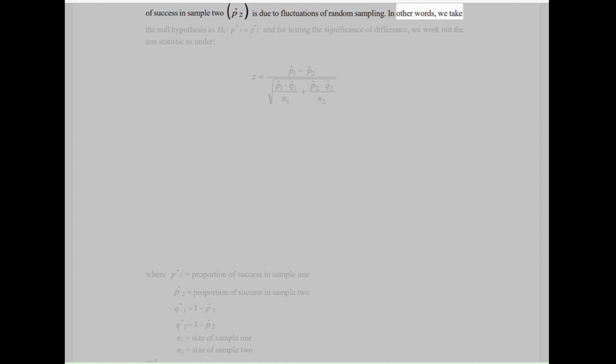In other words, we take the null hypothesis as H0: p1 equals p2, and for testing the significance of difference, we work out the test statistic as under.